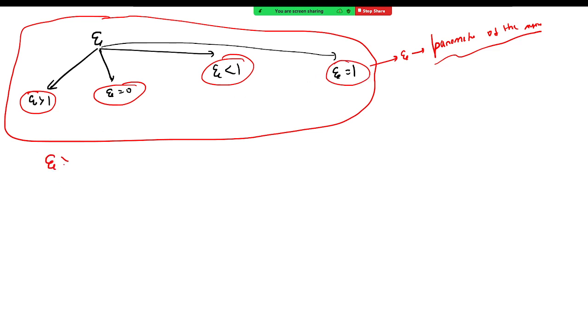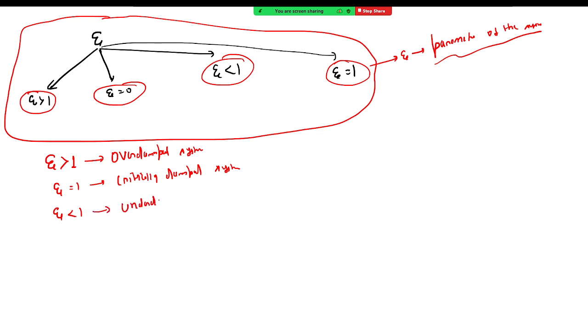When zeta is greater than 1, the process is called an overdamped system. When zeta is equal to 1, the process is called a critically damped system. When zeta is less than 1, it is called an underdamped system.